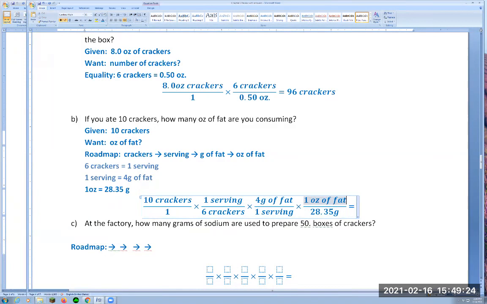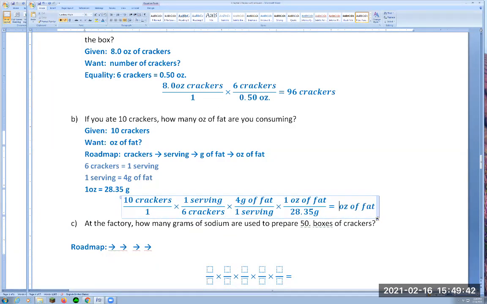So this way we see the units of crackers cancel, the units of servings cancel, the grams of fat cancel, and we are left with ounces of fat. So we know it's the final unit there. We can write it down. Next, you want to do the calculation on your calculator. I like to usually multiply the numerators together and then divide by each denominator.